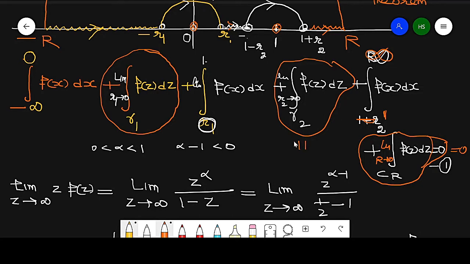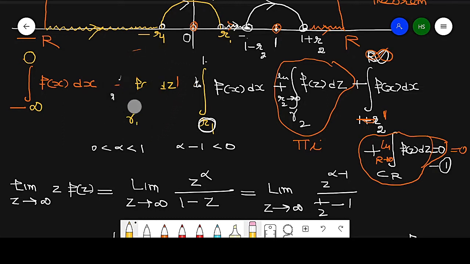This term will become pi into iota, right? So this term will become 0, this term will become 0, and this term will become pi iota. So what do I get as the result? If this term is 0, I will remove this term.